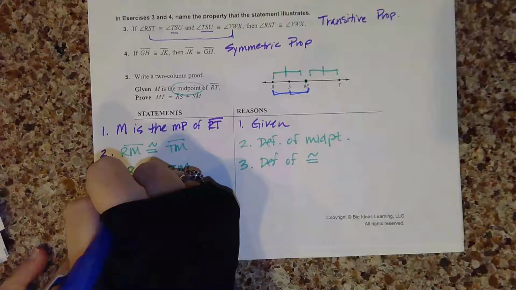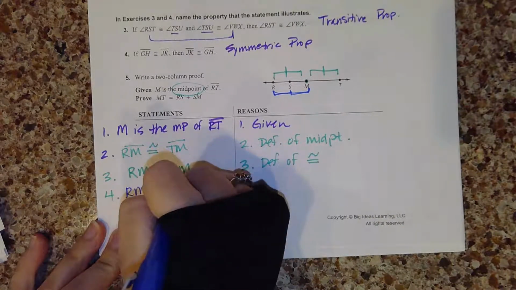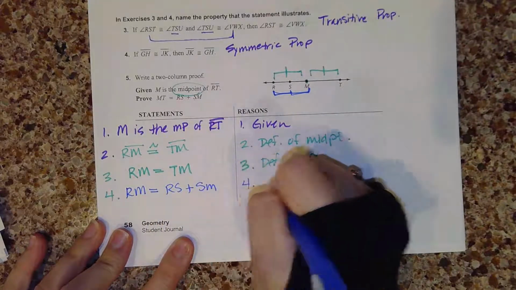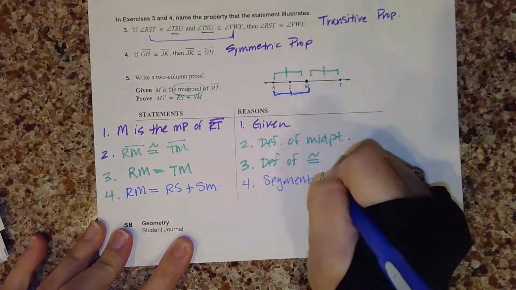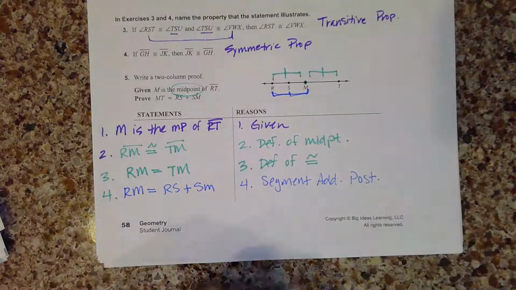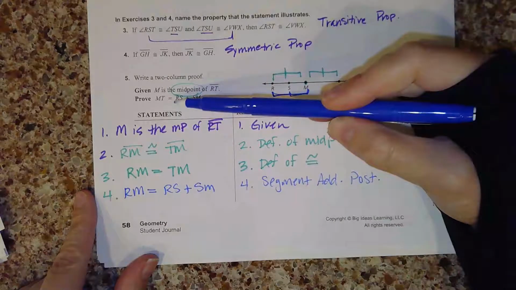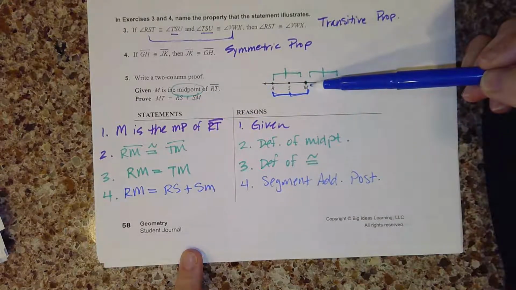So I'm going to say RM equals RS plus SM. And the reason why is the segment addition postulate. Again, I'm trying to think about where I'm trying to end and what I can use to help me. I noticed that if I put those two pieces together, it equals the whole thing.